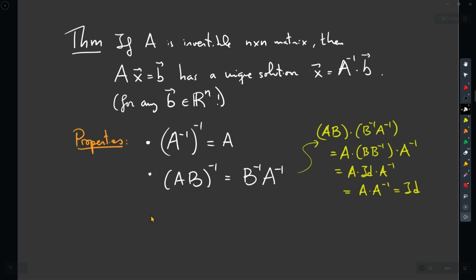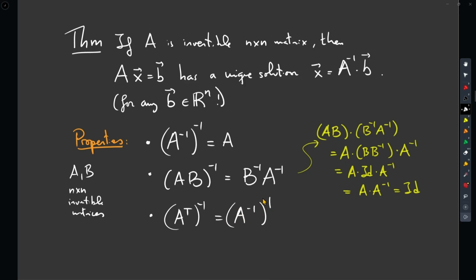And finally, for the transpose, A and B are n by n invertible matrices here. Then the inverse of the transpose is the transpose of the inverse. Here, remember that T means the transpose matrix.